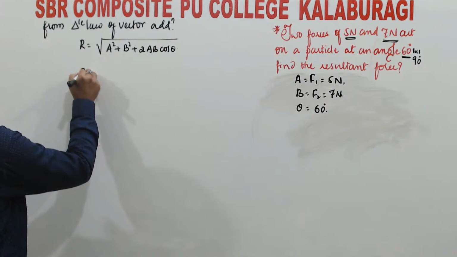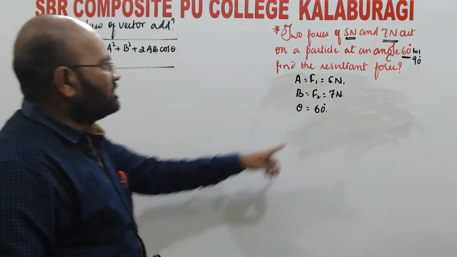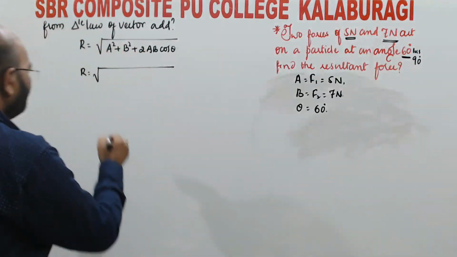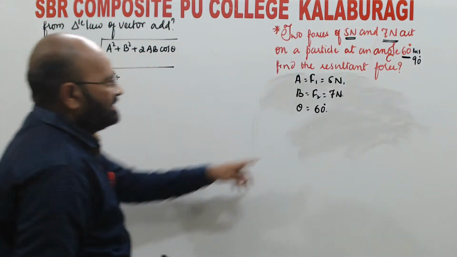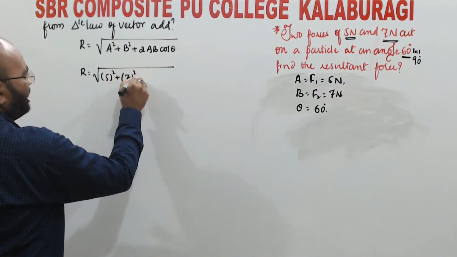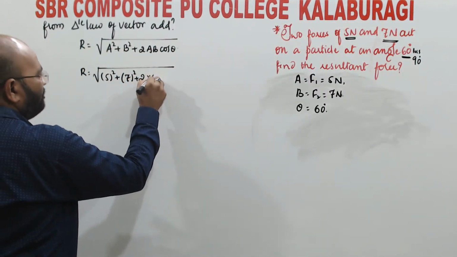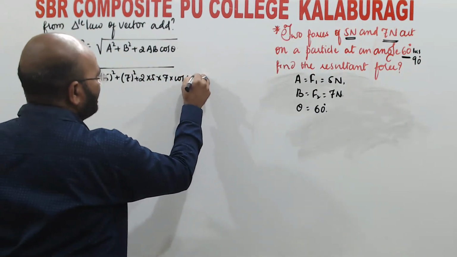The resultant R equals under root of A square. A square means 5 square, plus B square, 7 whole square, plus 2 into 5 into 7 into cos 60 degrees.